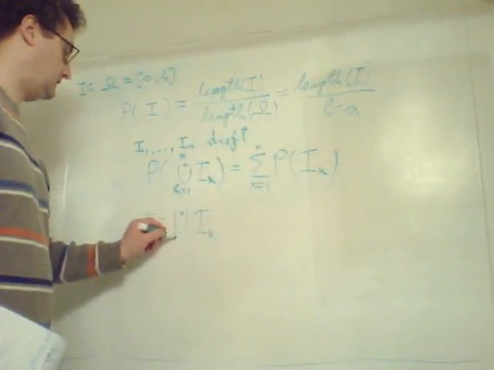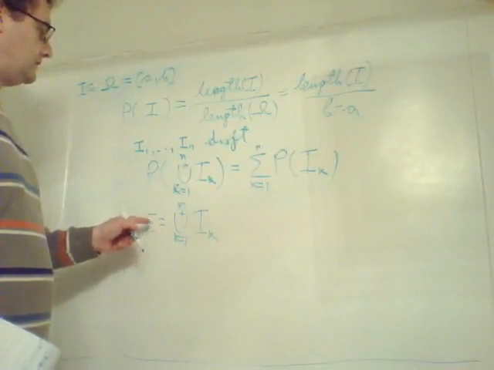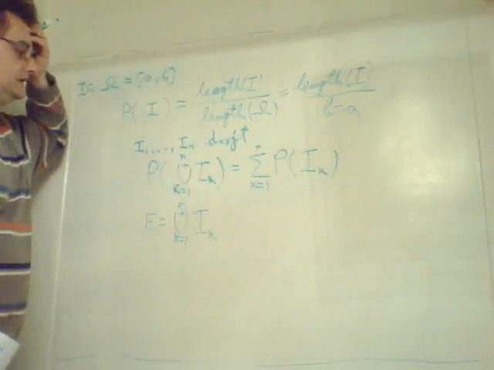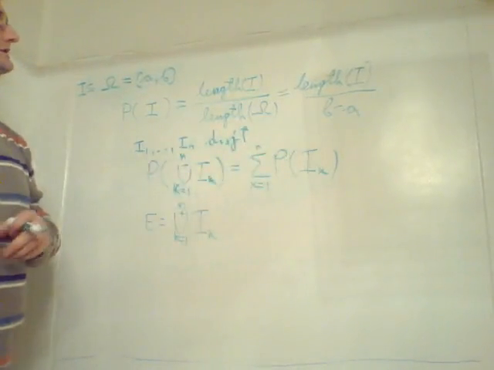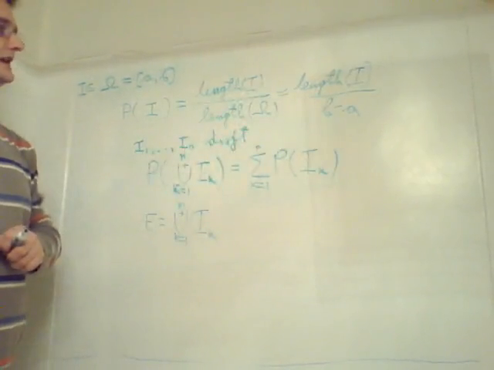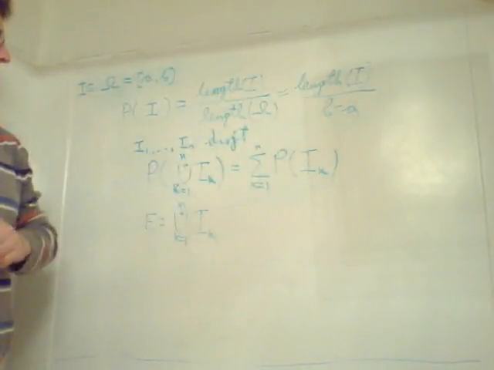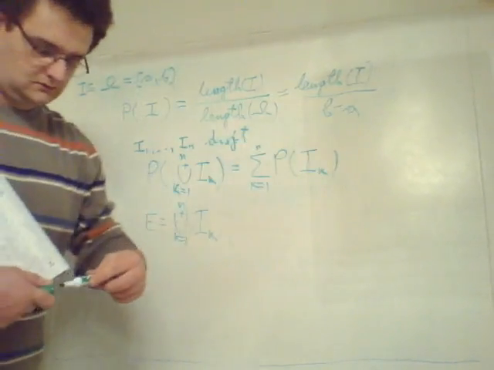So we can define probability of E simply as the sum of the lengths of these Ik's divided by B minus A. Okay.